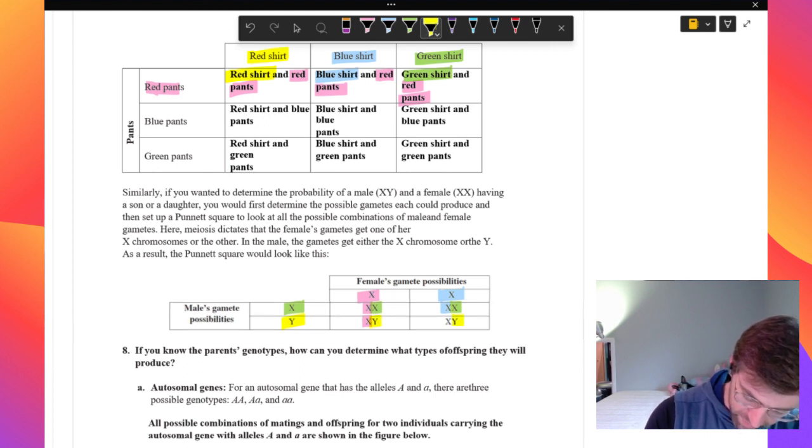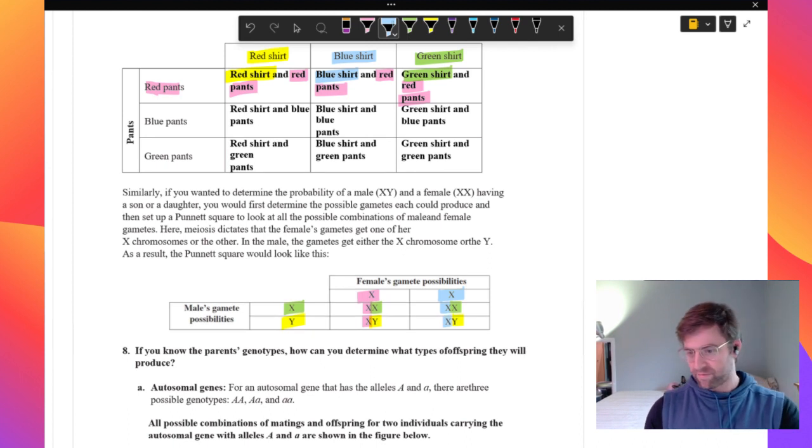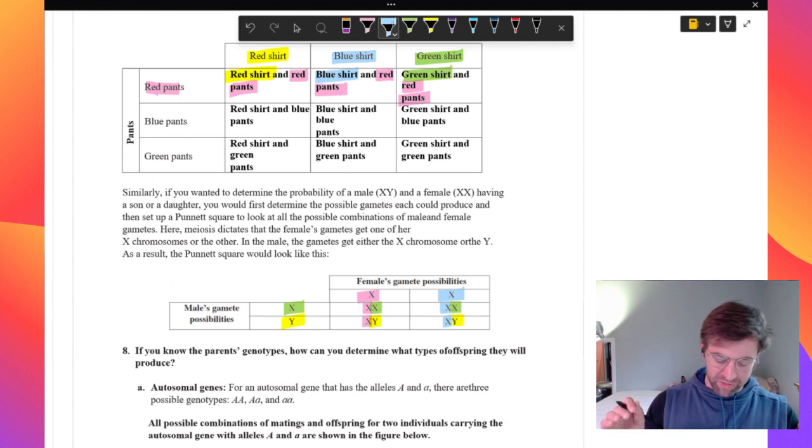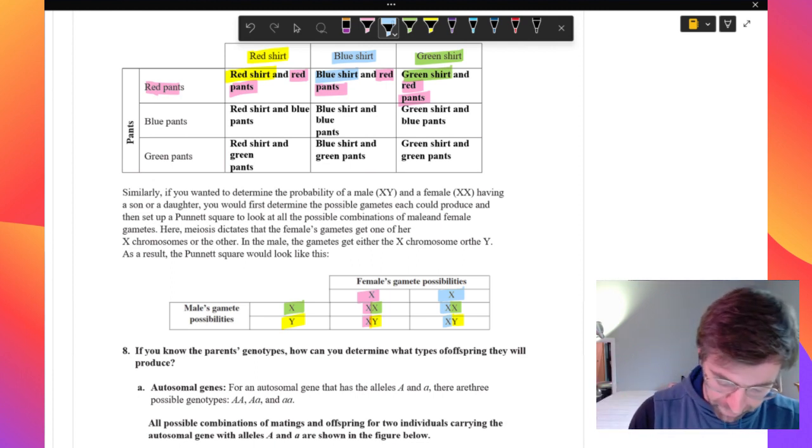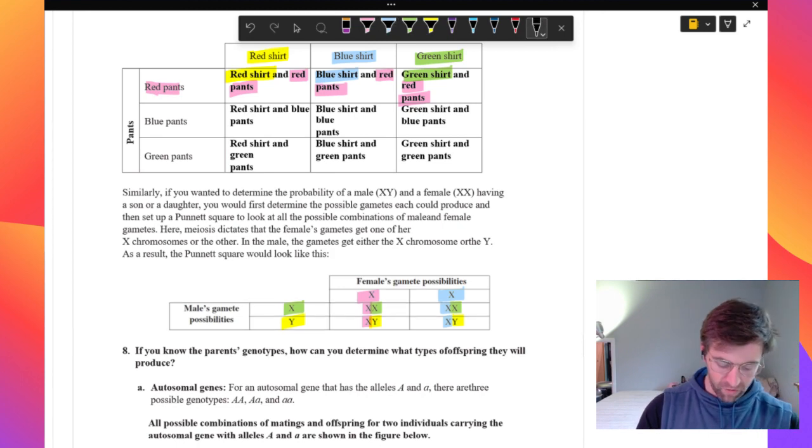Male Y. They stayed in their respective columns and rows, combined to make something novel, something new. Okay.